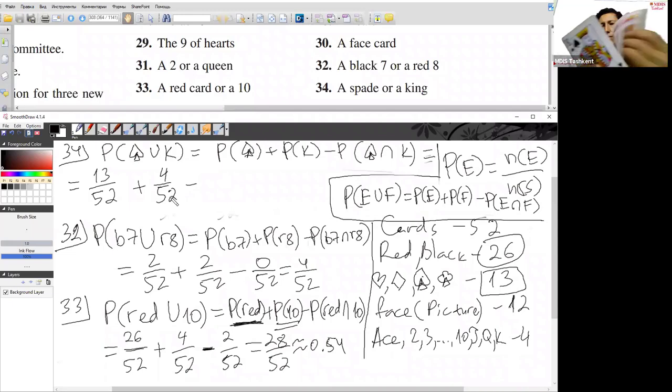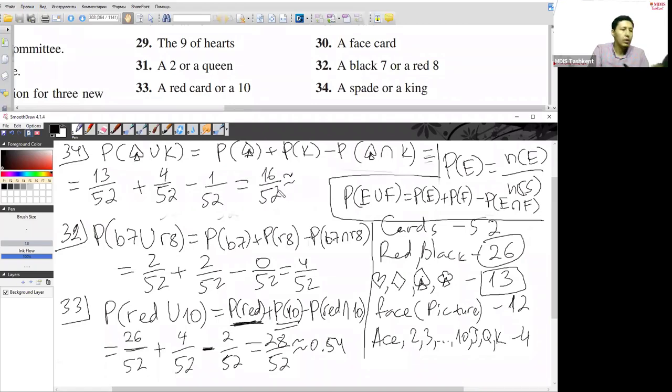This one is king and spade. So we have 1 card. So 16 out of 52. And again, you have to round it. So 16 divided by 52 is 0.31.